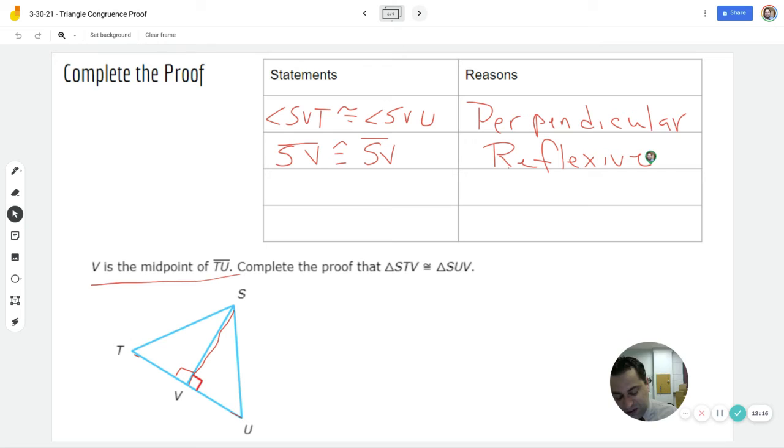And then finally, let's put that midpoint in. So again, we have TU line segment, and V is the midpoint. So in other words, I can say that both sides of the line segment to the left and right of V are equal. So we have TV equal to UV. And that's by midpoint.